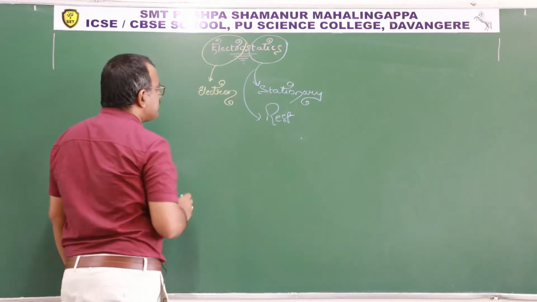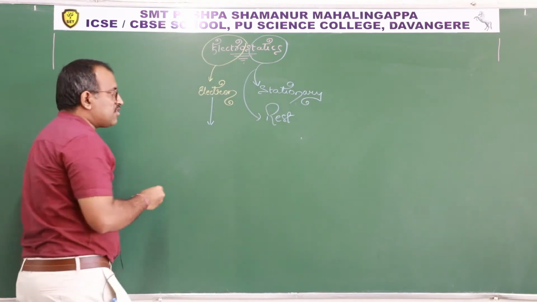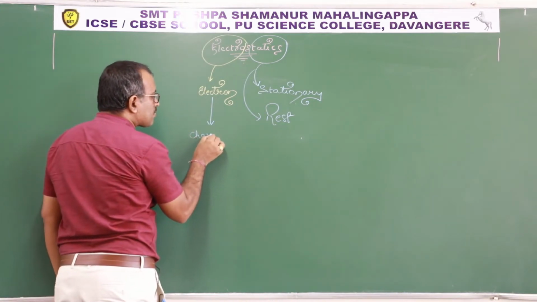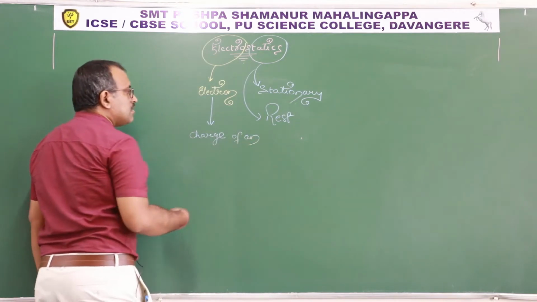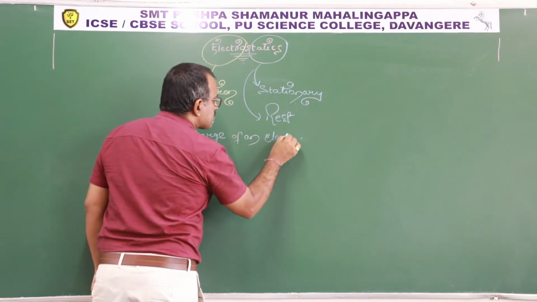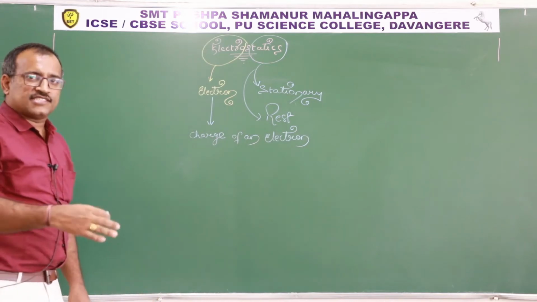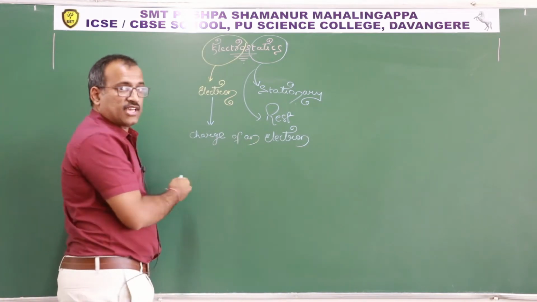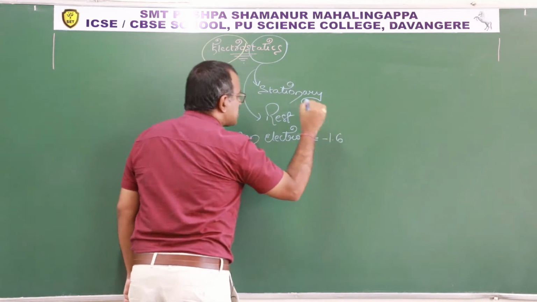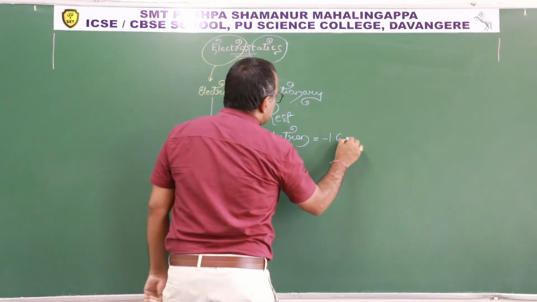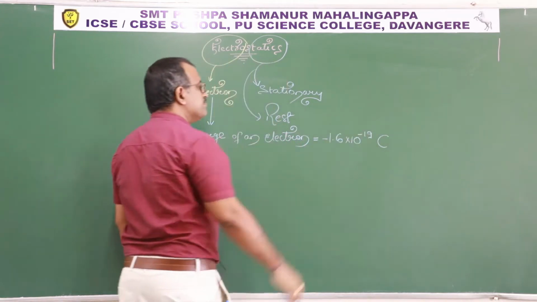So electron, electron charge. Everybody knows the charge of an electron is absolutely minus 1.6 into 10 power minus 19 Coulomb.